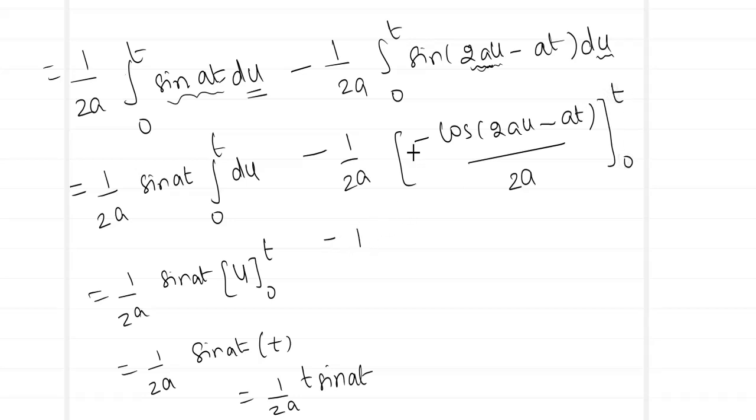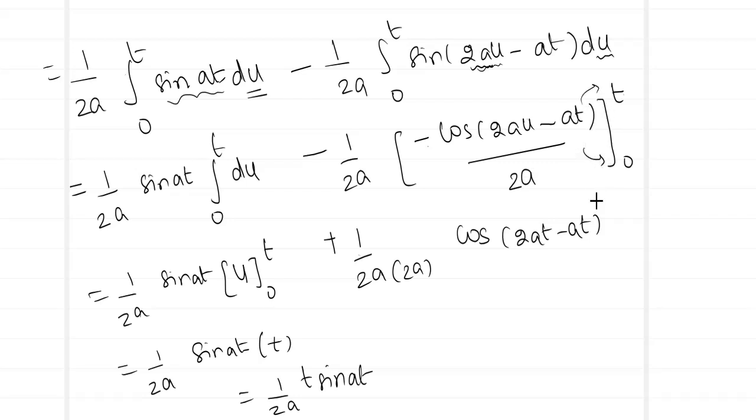So I have this to be equal to minus into minus. So this makes it to be equal to plus over here. Now apply the upper limit for it. So minus of minus will become plus 1 divided by 2a. The 2 and 2a will become 1 more 2a over here. And when you apply u equal to t, this gives me cos of 2at minus at for my numerator, the upper limit.